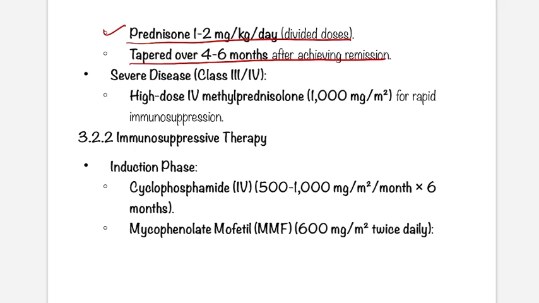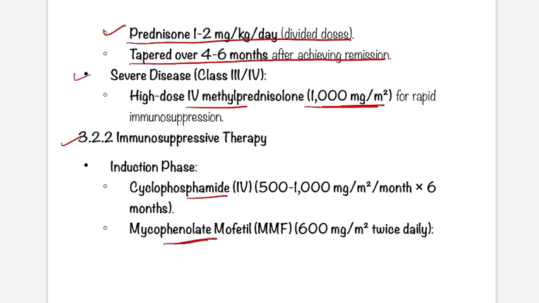If disease is severe, methylprednisolone high dose, 1000 milligram per meter square, is used for rapid immunosuppression. So basically for mild disease prednisolone, for severe disease methylprednisolone. Immunosuppressive therapy like cyclophosphamide and MMF is used.